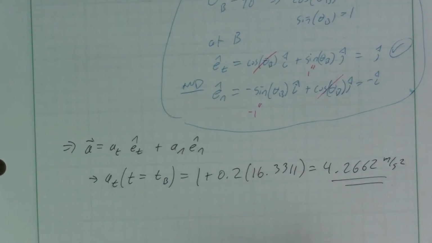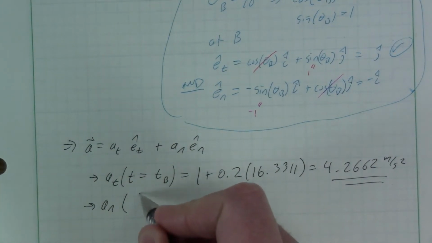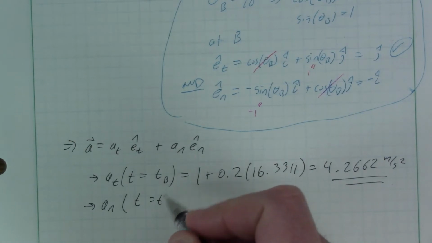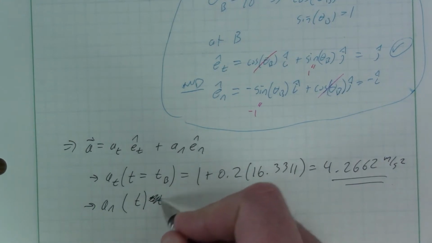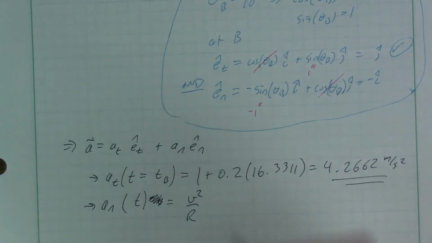That's our tangential component of acceleration, and our normal component, actually let's write it out for general t here for a second, that's just v squared over r.